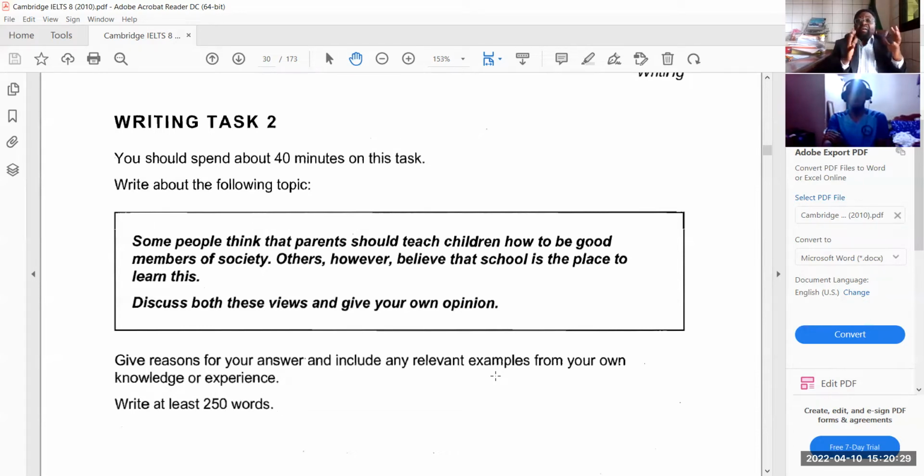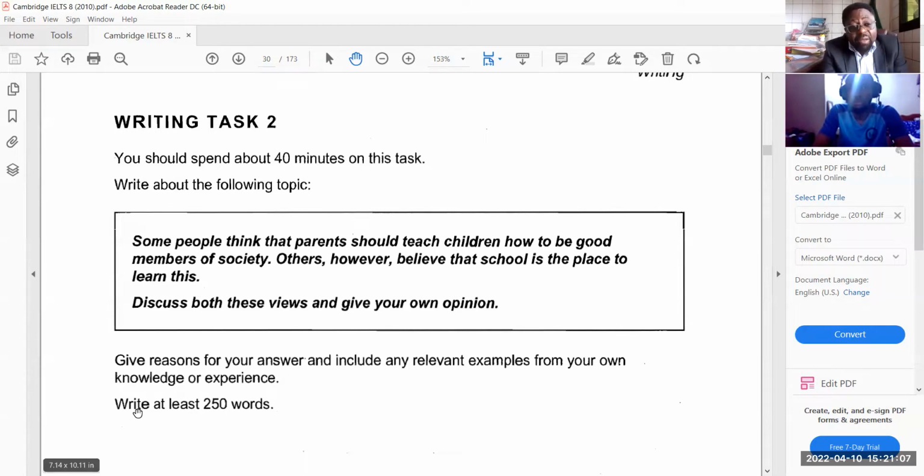So the way you organize your work is to make sure that we see clearly why these people think this way, and why these other people think so. Once you give the reasons, give an example. That will clarify, and it should be a simple example.